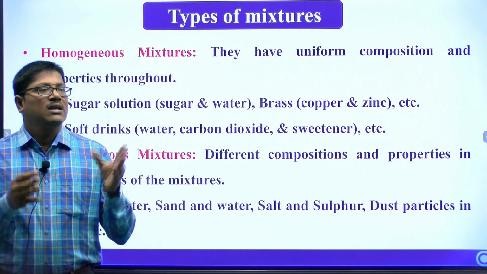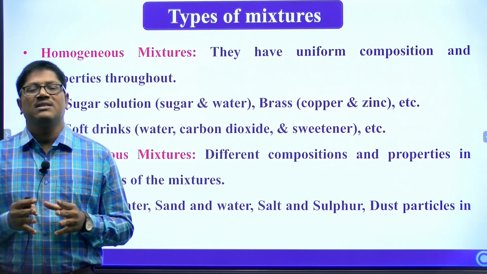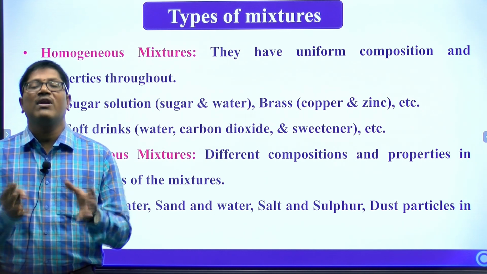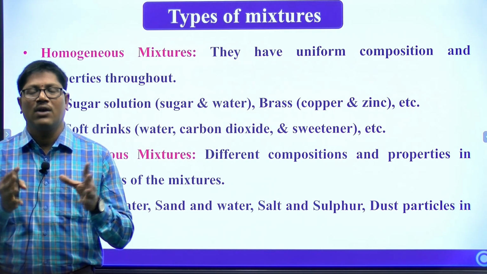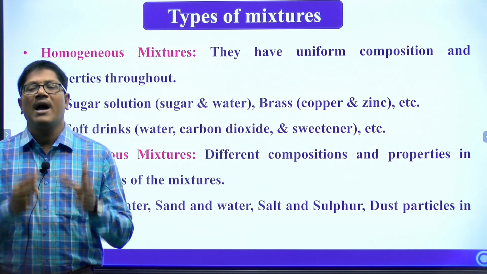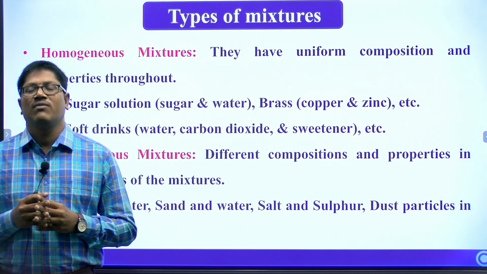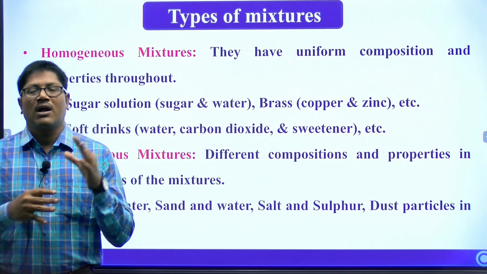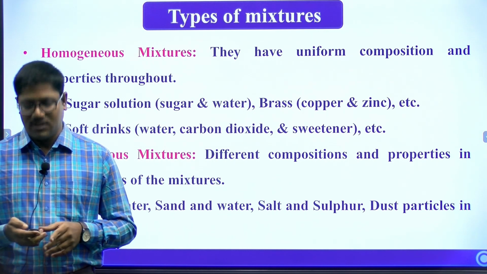If you take sand and water, the properties and composition are different in different parts of the heterogeneous mixture. Another good example for a heterogeneous mixture is oil and water. Oil will float on the surface of the water. The composition is different in different parts of the heterogeneous mixture.